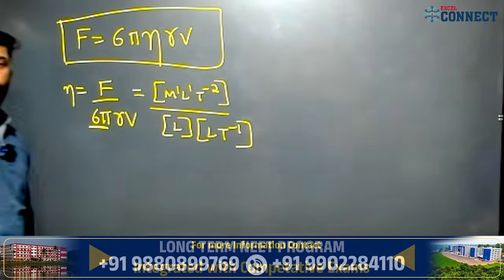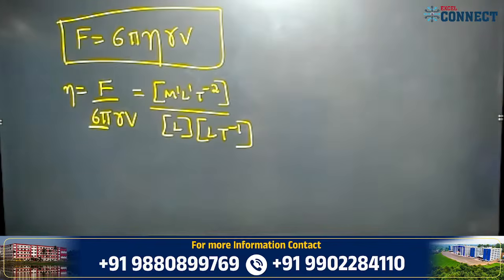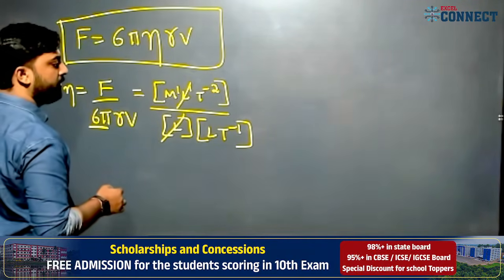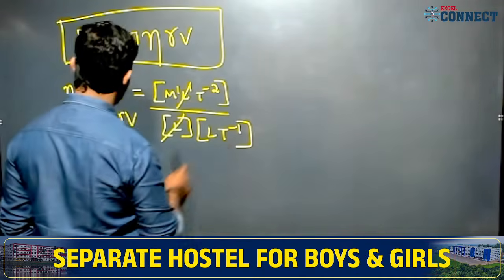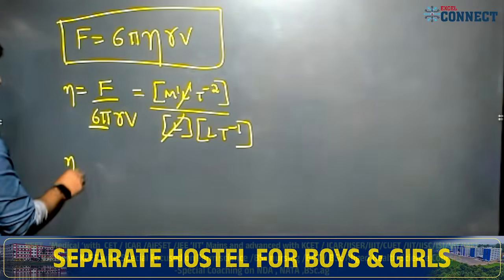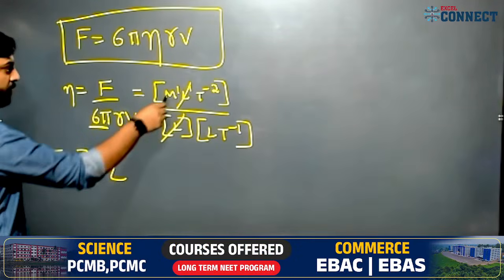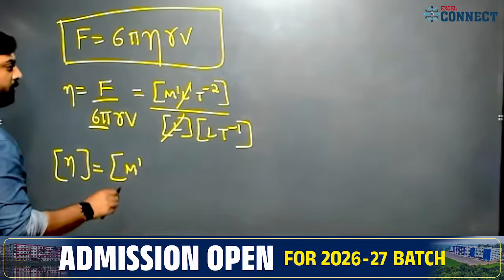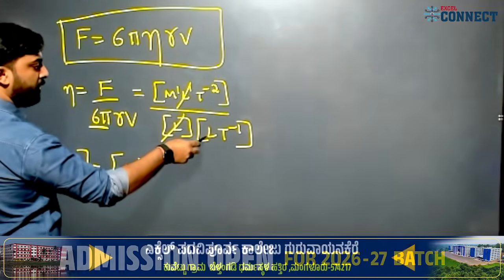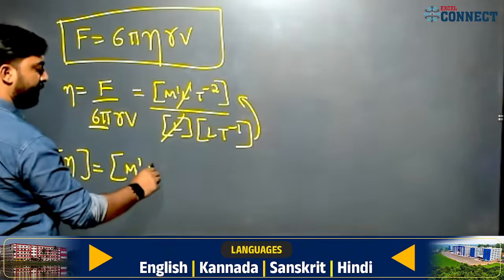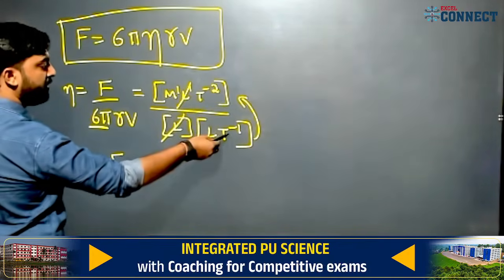Okay, yes, we shall solve this. Here L and L cancel, right? Then what is left here? So dimension of coefficient of viscosity becomes M1, and since this term is in the denominator, when it goes up, this will be L minus 1 T minus 2, this is T minus 1.